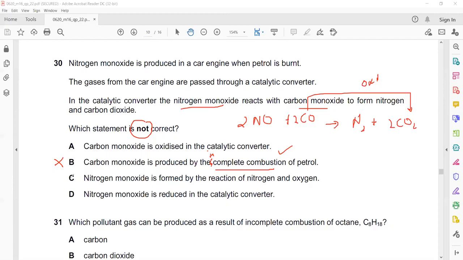That's true. And nitrogen monoxide is reduced. That's also correct, because if oxygen is removed, we call that reduction. So carbon monoxide is oxidized, that's why we call it a reducing agent. And nitrogen monoxide is reduced, so we call that an oxidizing agent or oxidant.